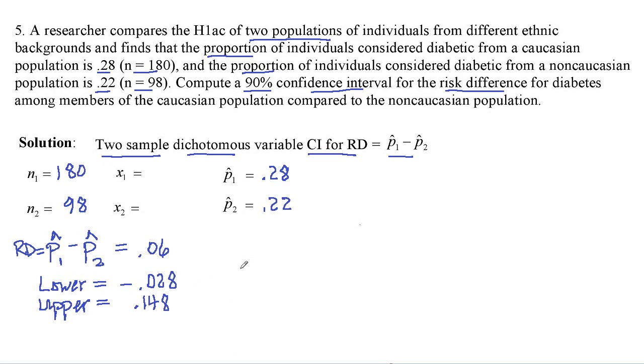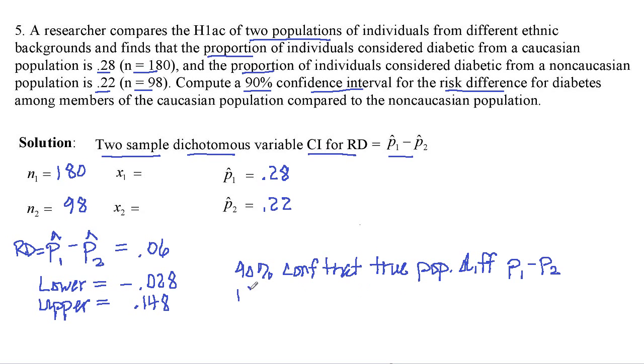So what does this mean? This means that we are 90% confident that the true population difference, P1 minus P2, is between our lower limit of negative 0.028 and our upper limit of 0.148.